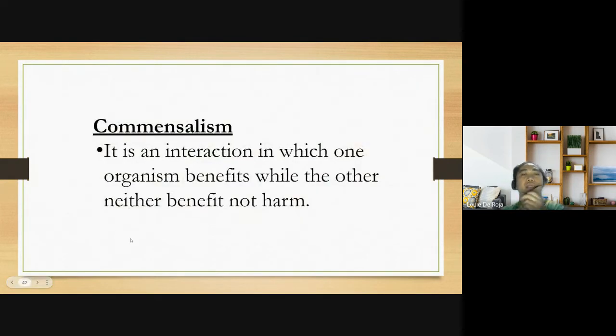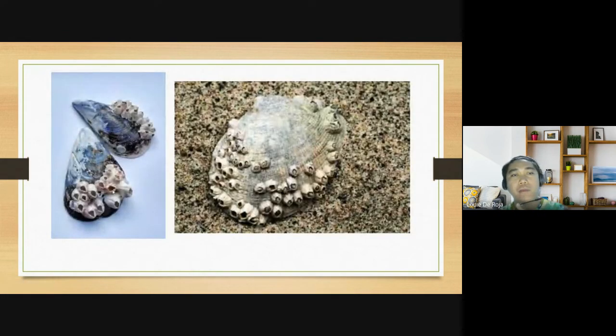Next is commensalism. This is an interaction in which one organism benefits while the other neither benefits nor is harmed. Kumbaga yung isa ay hindi nagbe-benefit. Okay, for example, this one, barnacle and shell, itong tahong, yan.